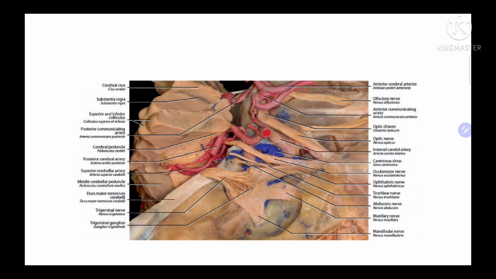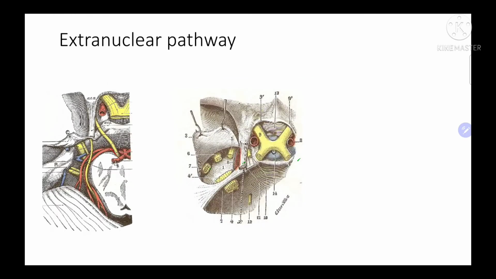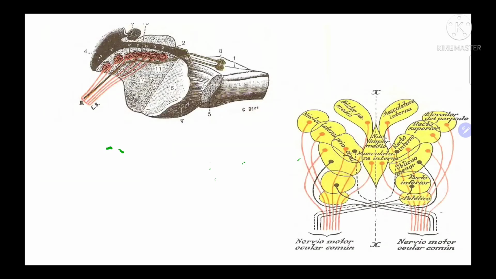For example, this is the superior view. You can see the basilar here. You see the posterior cerebral artery here. Okay, and you see this nerve going there. Again here, you can see here, this is the basilar, okay, and this is the superior cerebellar artery.